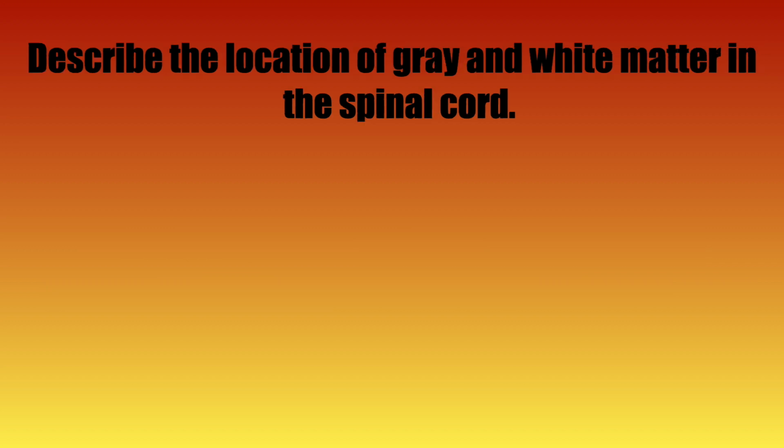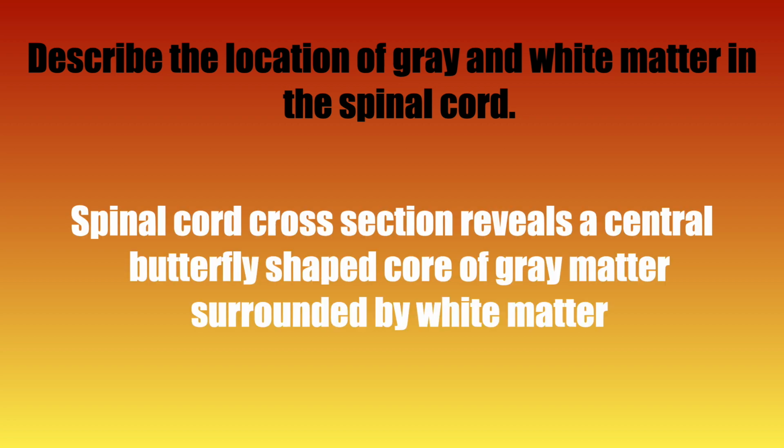Describe the location of gray and white matter in the spinal cord. The answer is spinal cord cross-section reveals a central butterfly-shaped core of gray matter surrounded by white matter.